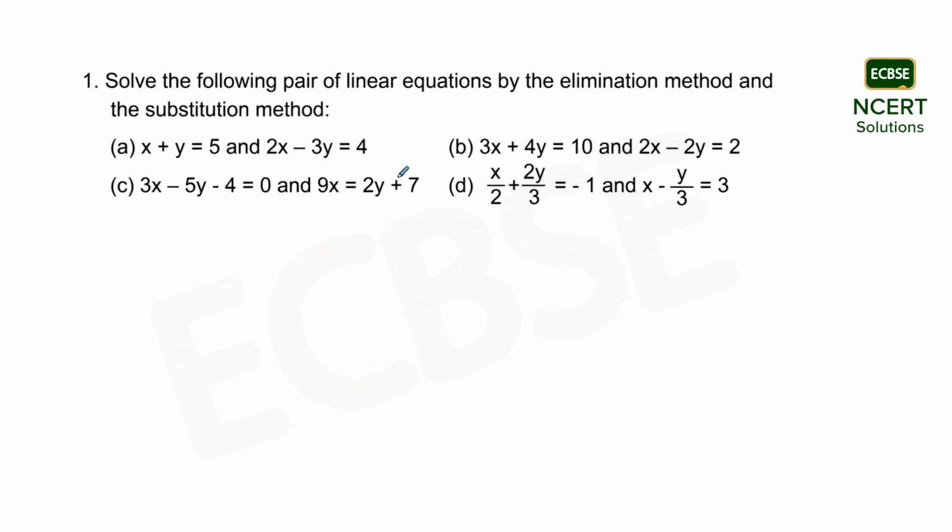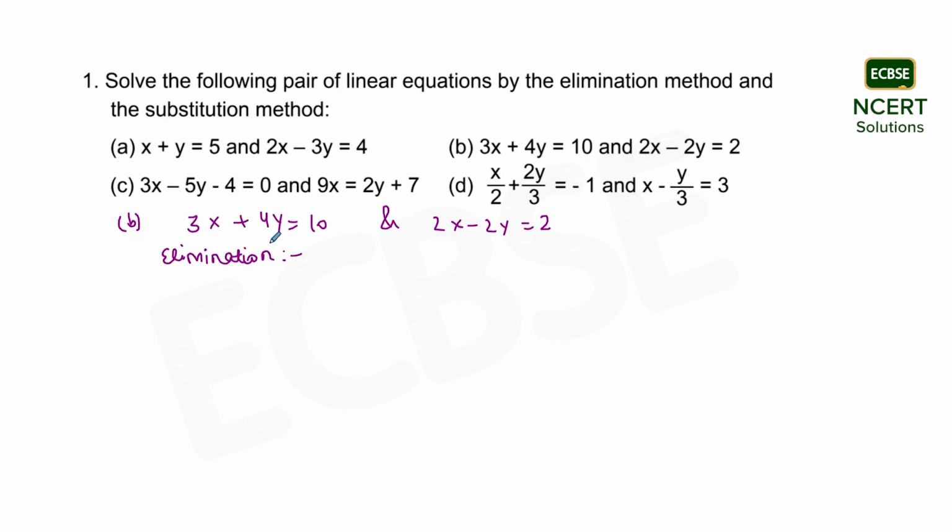Now coming to the B part of the question, here the two equations being provided are 3x plus 4y is equal to 10, and the second equation is 2x minus 2y is equal to 2. So starting solving these equations with the elimination method, what the elimination method says is that we need to ensure that the numerical coefficient of the variable is the same in both the equations.